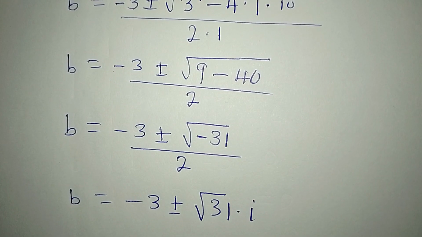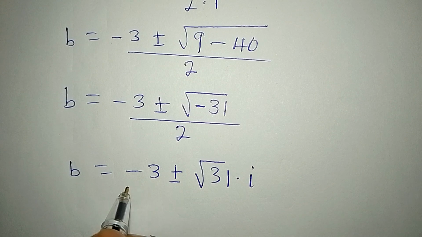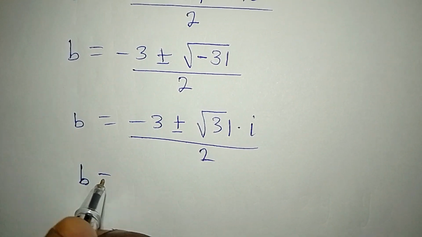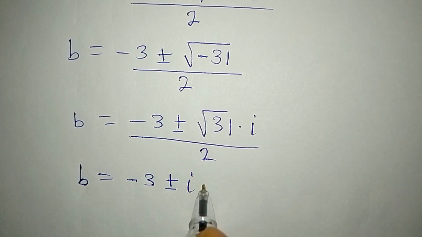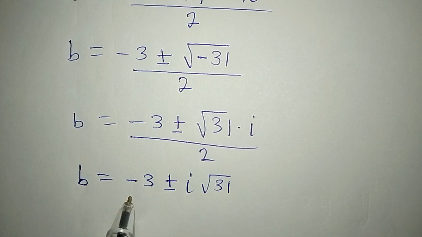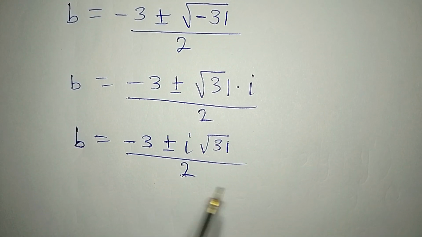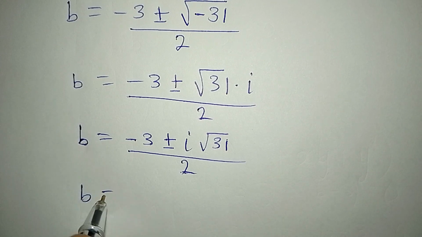This i is imaginary because of this negative. Now, this will be over 2. Or better still, b is equal to minus 3 plus or minus i square root of 31, and this is over 2.